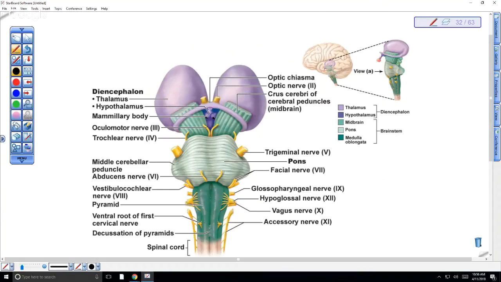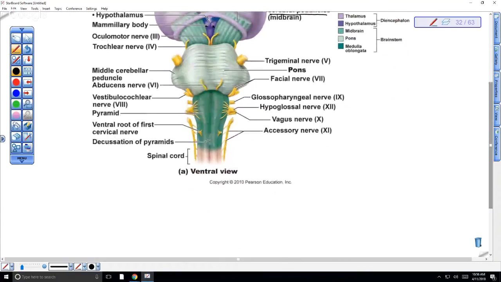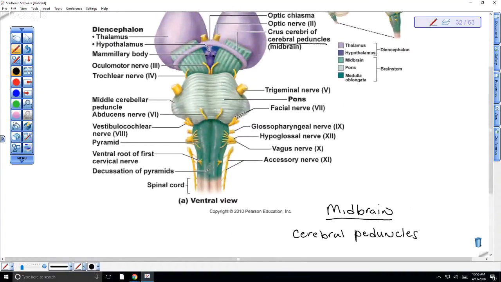Okay, so let's talk about the midbrain. One of the parts of the midbrain are what are called the cerebral peduncles. Ped means foot, or this could be like a column that something is sitting upon.